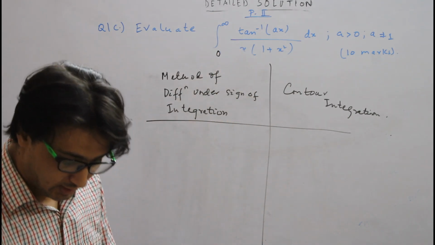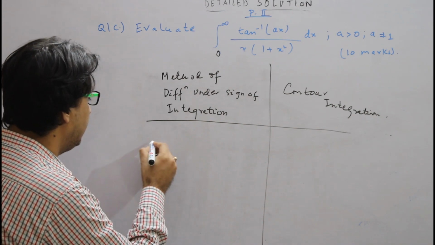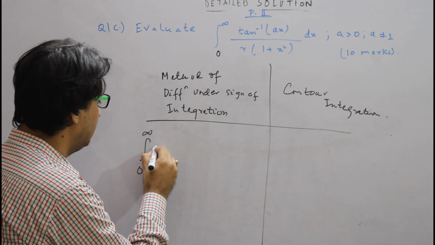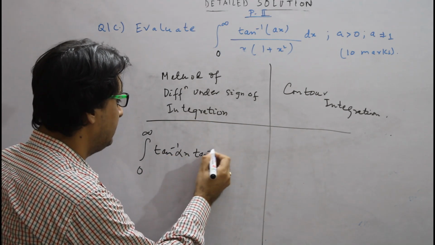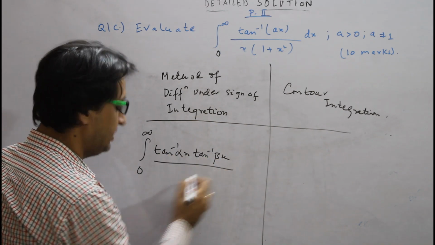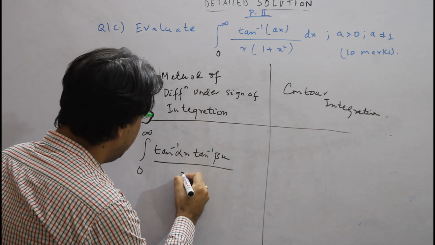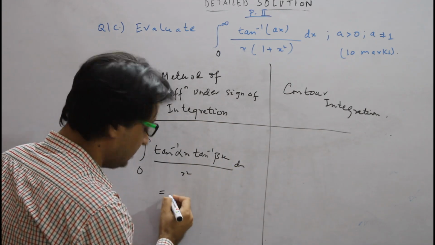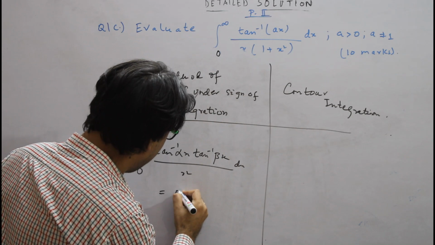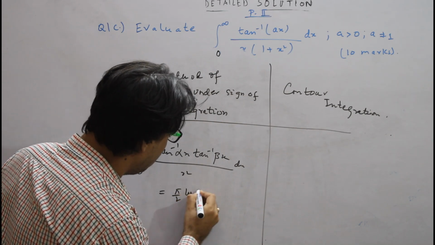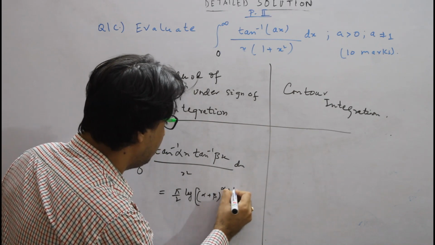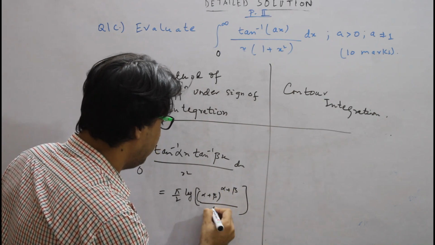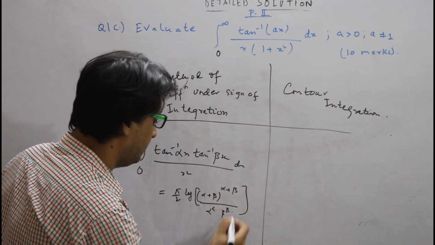I am going to take one question: the integral from 0 to infinity of tan inverse alpha x tan inverse beta x divided by x squared dx. We have to prove this is equal to pi by 2 log of alpha plus beta to the power alpha plus beta divided by alpha to the power alpha beta to the power beta.